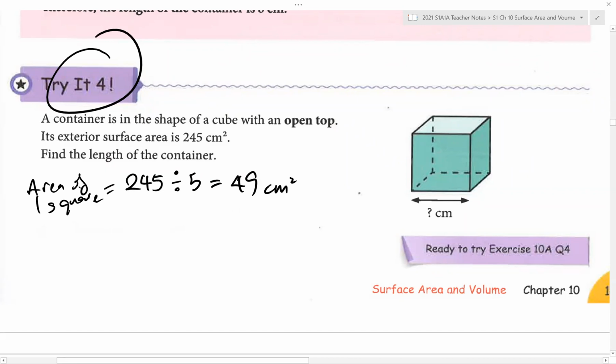The rest, keep quiet. Area for one square, 49. What about the length? Jinxian? Come on, Jinxian. What dividing? Say it. Okay, correct.